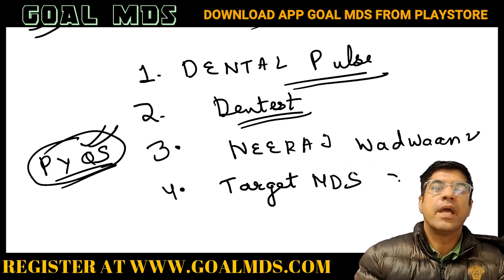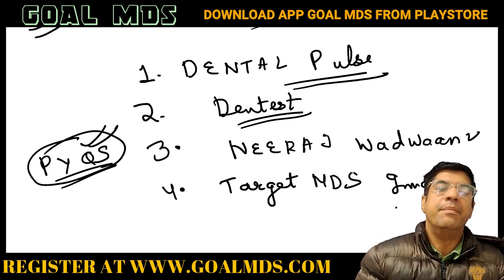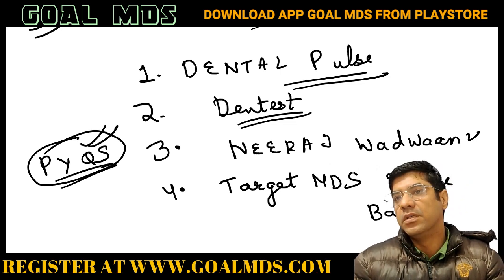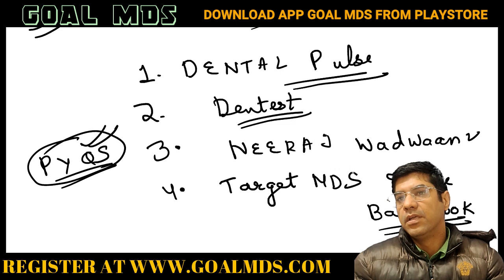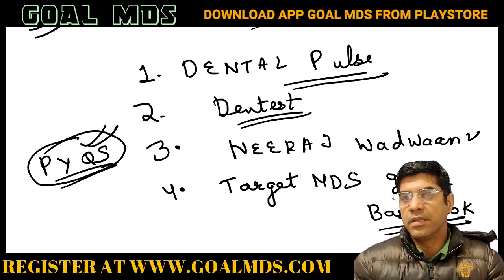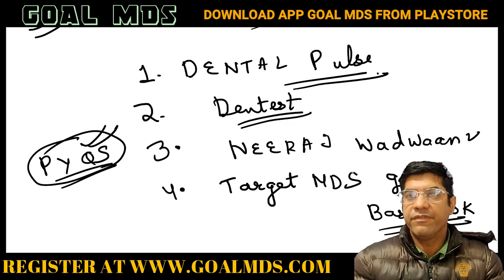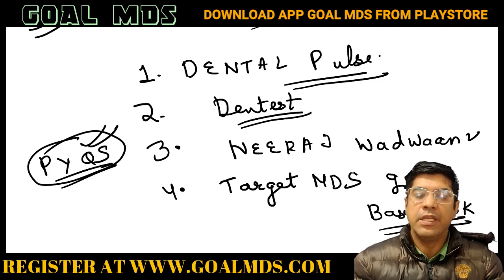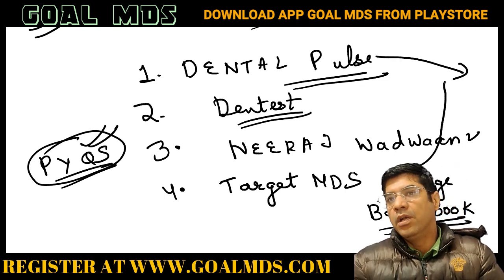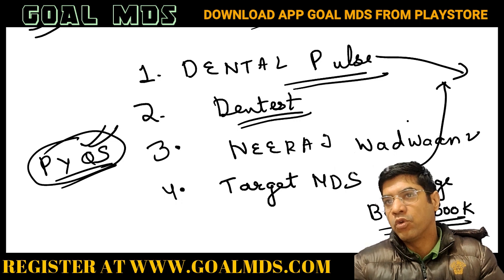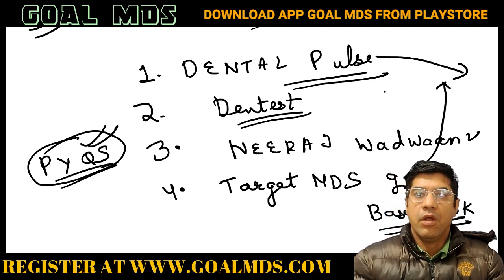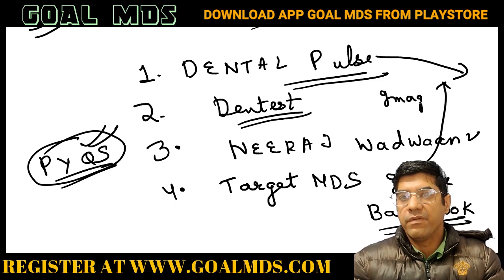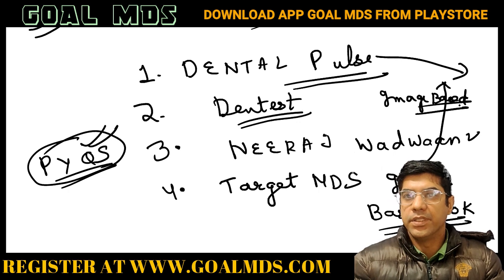Apart from that, you can use the Target MDS image based book. Since the new pattern has a lot of image based questions asked in your entrance exam, you can go through either the Dental Pulse or the Target MDS image based book for those image based questions.